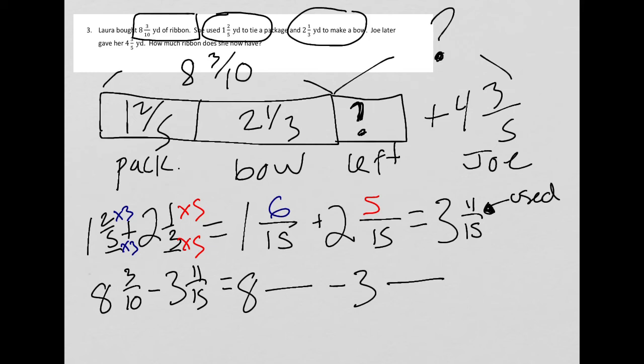So if you think about multiples of 10 and multiples of 15, you might find something like 30 that they both go into. Because 10 times 3 is 30 and 15 times 2 is 30. So you don't have to use 10 times 15 because that's 150, which is a lot bigger than I want to do a fraction with. So I'm actually going to use 30 as my denominator.